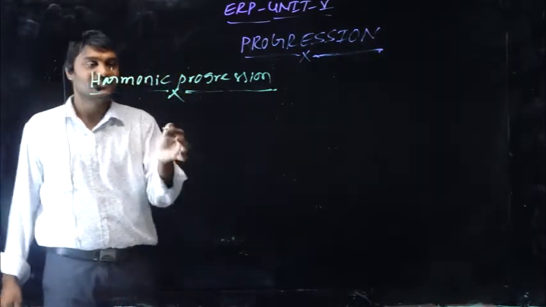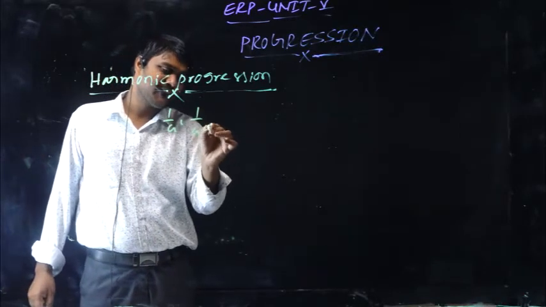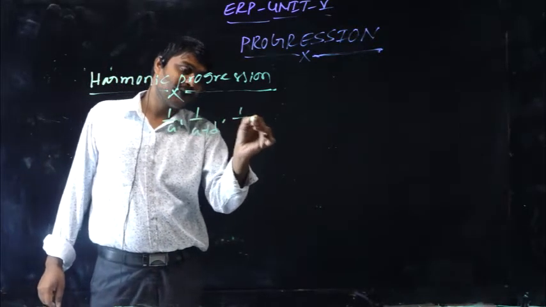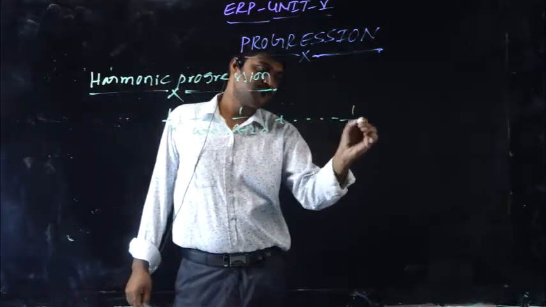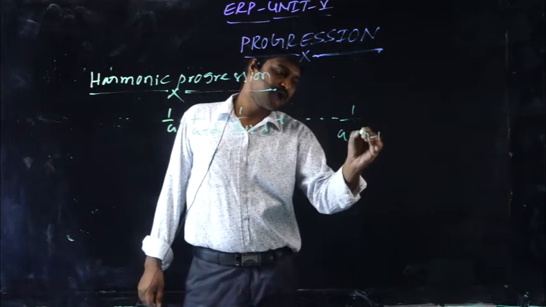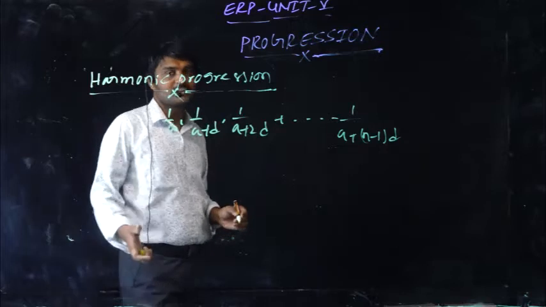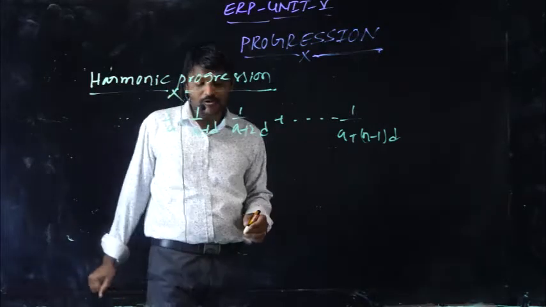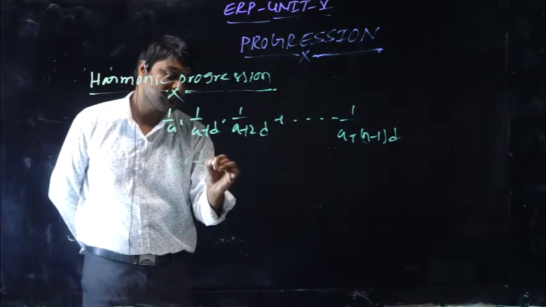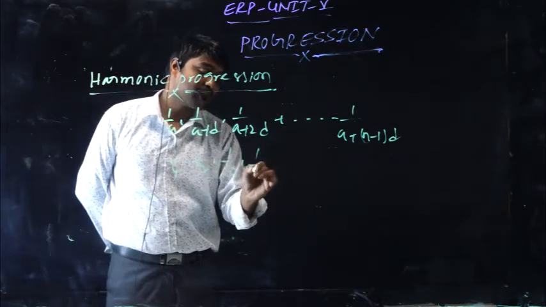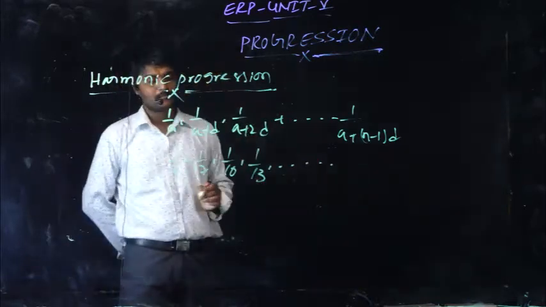Harmonic progression is 1 by a, 1 by a plus d, 1 by a plus 2d, and so on, up to 1 by a plus n minus 1 into d. So harmonic progression means the inverse of arithmetic progression. So here the series will be 1 by 4, 1 by 7, 1 by 10, 1 by 13, and so on. This is the harmonic progression.